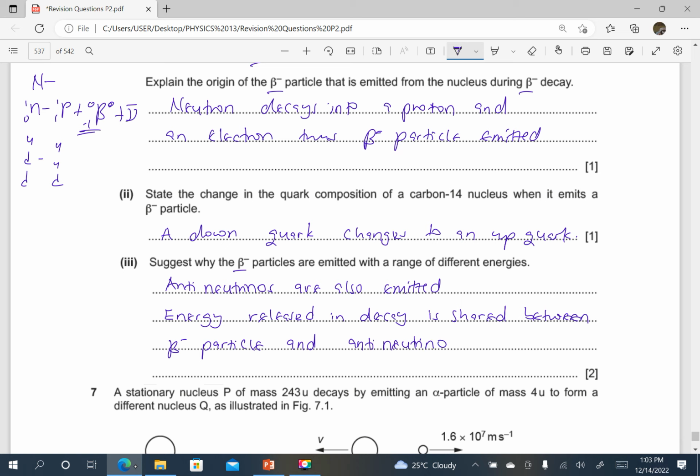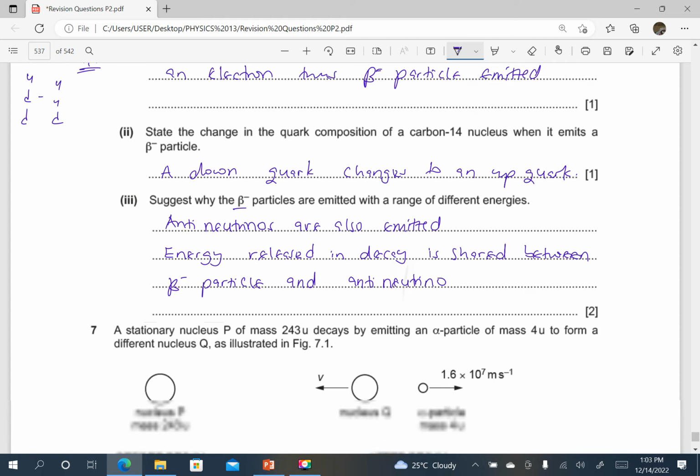So the energy released in the decay process is going to be shared between the beta minus particle and antineutrino, which means the beta minus particles will have a range of energies. Okay.